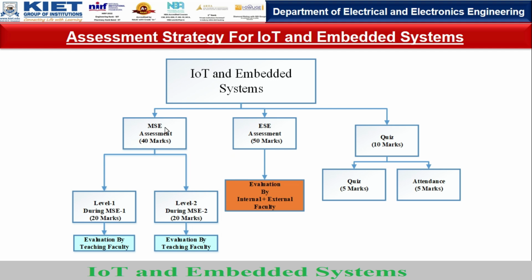The mid semester examination is divided into two parts during the CTs. In the first part we have level 1, in the second part we have level 2. Both are of 20 marks. These are evaluated by your teaching faculty, and the external is evaluated by external faculty.